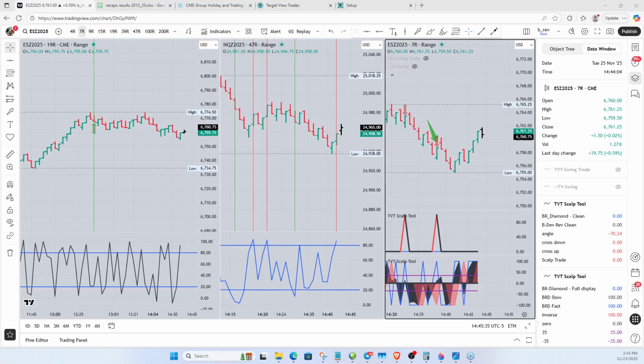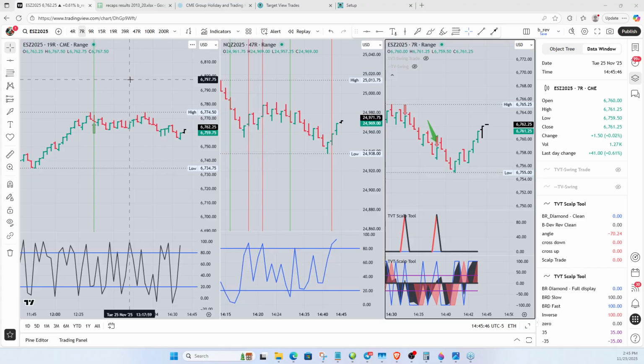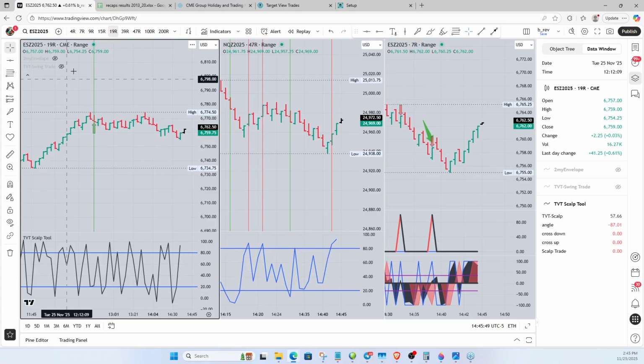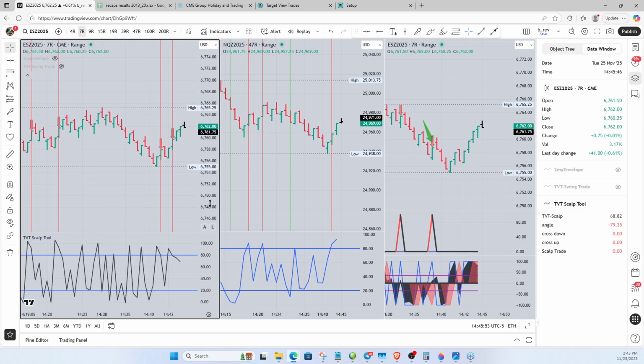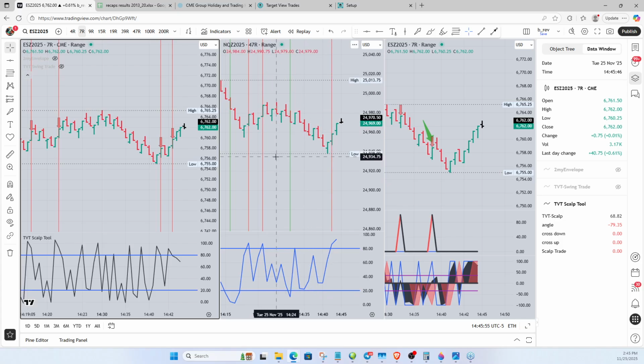It would be easier for you to follow and compare if I had all on the same ES and tick sizes. Okay, well I can do that. Since the DOM is set for a 7 range, let me flip this to a 7 range. Now, I'm not going to put the NQ on a 7 range, that would be crazy. But I'll put this on a 7 range so we can follow along.